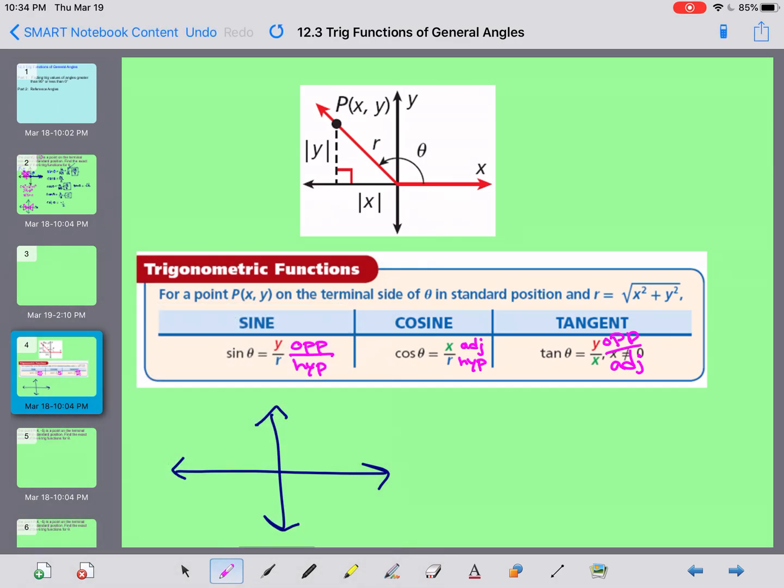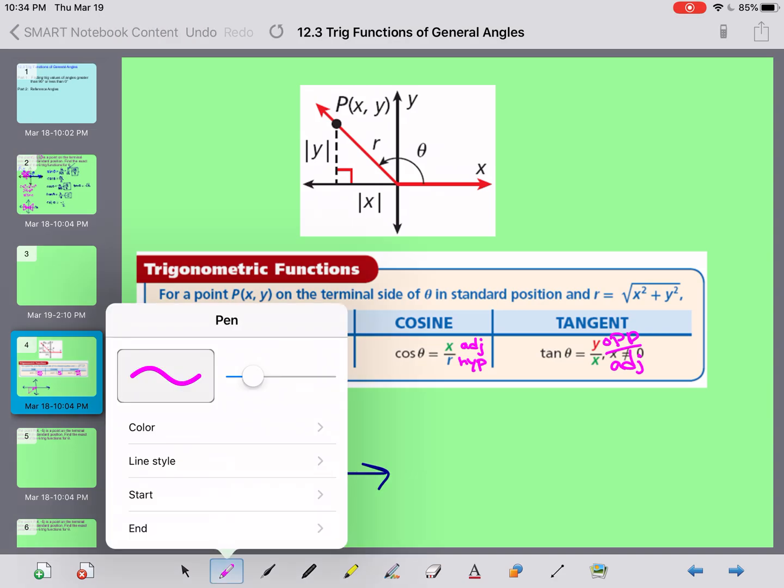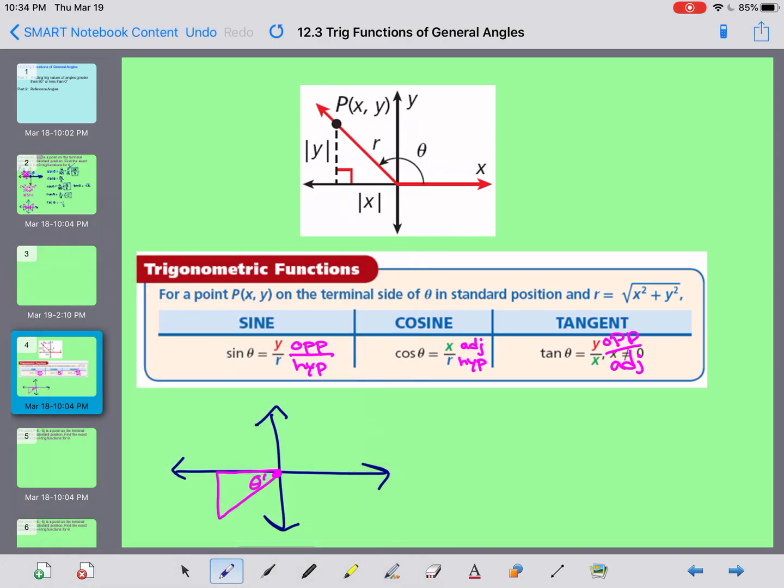So if my triangle ended up being here, right, because this is where the terminal side was, right, here's my original angle. Say my original angle was here. This is the terminal side. That's my big theta, right? The pink is your triangle that you're using to do SOHCAHTOA with, right? Because we go straight from the point P and we go straight to the x-axis, right? And that's your right triangle.